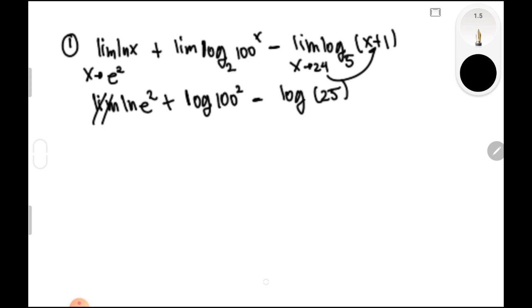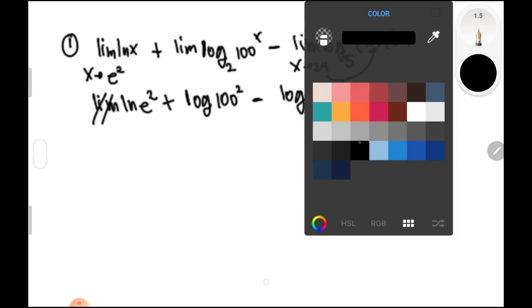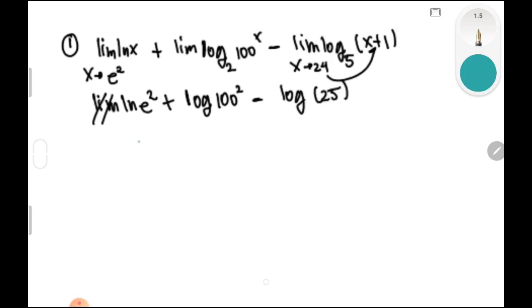Okay? So, from my lecture in the properties of logarithm, pwede natin i-apply dito yung power rule natin. So this can be evaluated using the power rule and the identity that log of b to the base b is always equal to 1.